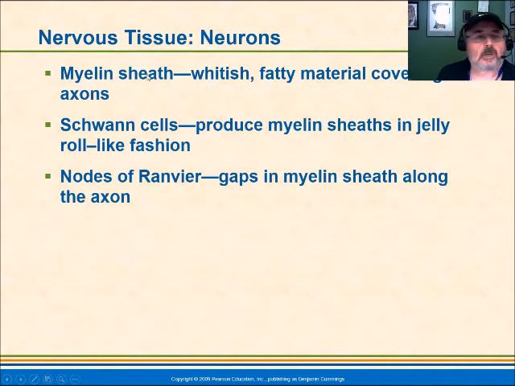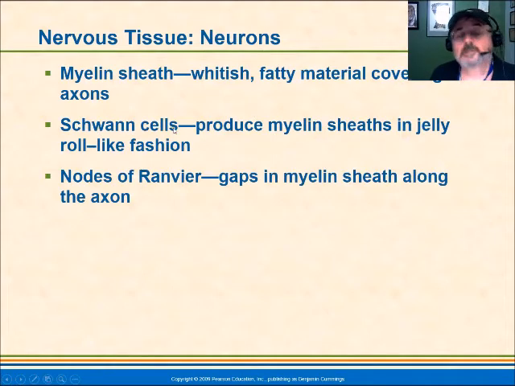Now, nervous tissue, myelin sheath, which is basically myelin's fat. It is the phospholipid membrane wrapped over and over and over again, covering the axons. So, yes, when someone refers to you as a fathead, they're actually being fairly accurate.